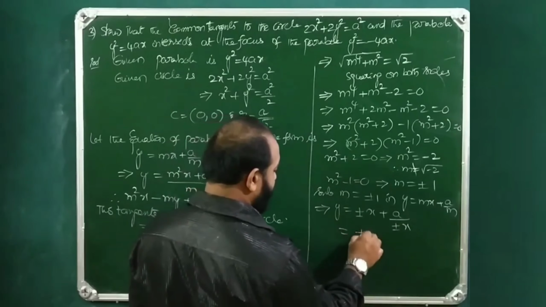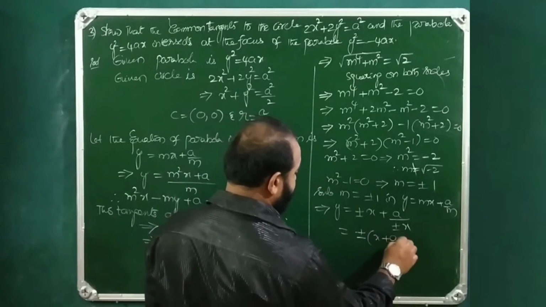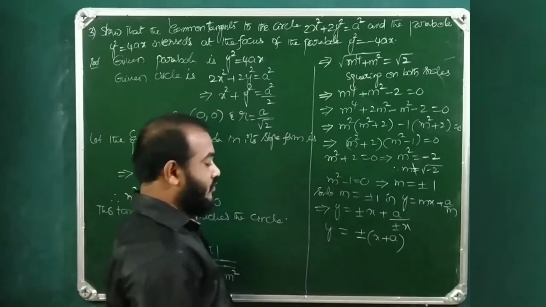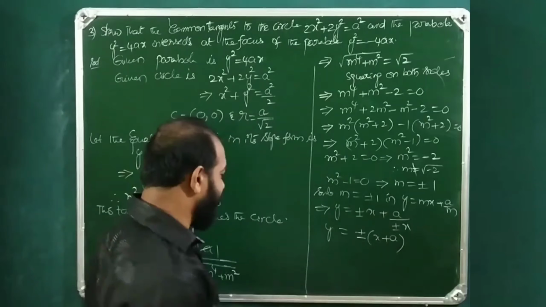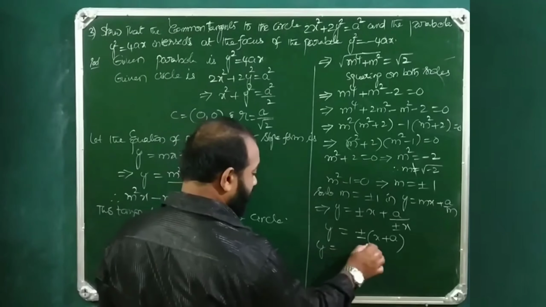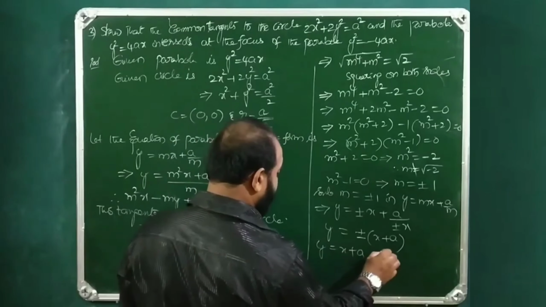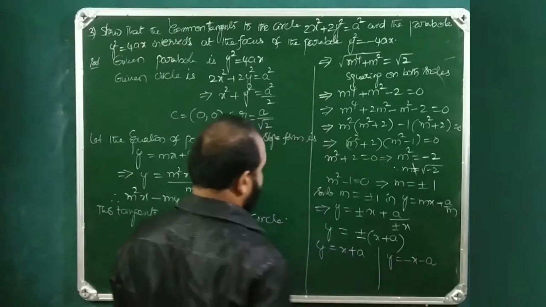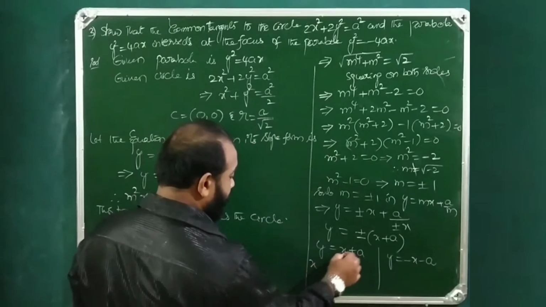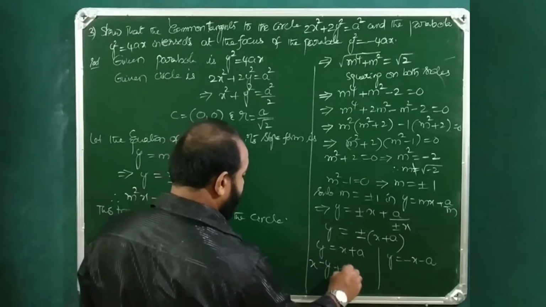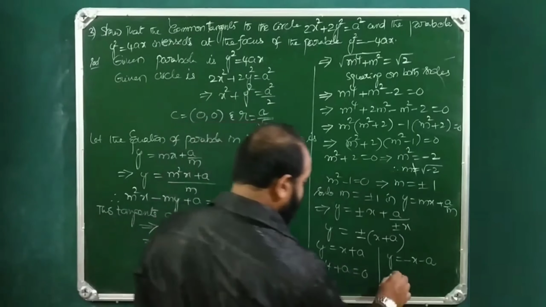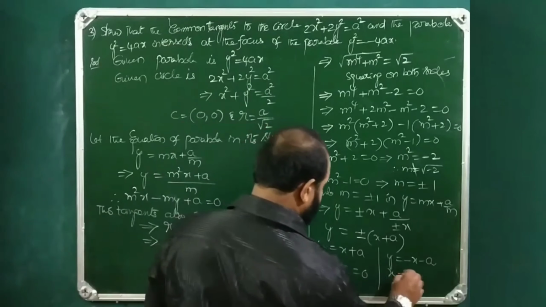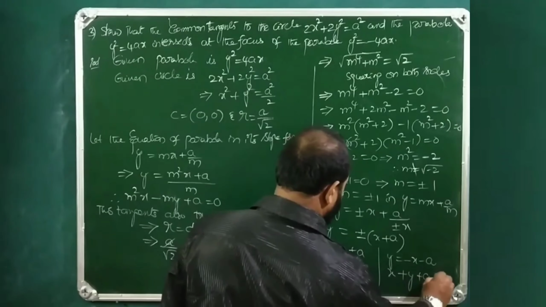So this is y equals plus or minus x plus a. So what are the two equations that we are getting? y is equal to x plus a and y is equal to minus x minus a. So this is x minus y plus a equals 0. This is x plus y plus a equals 0.